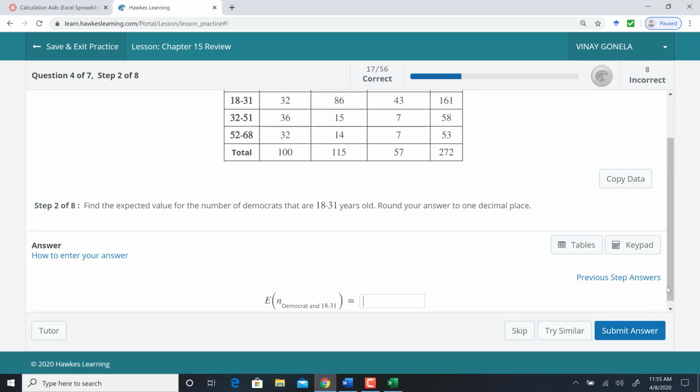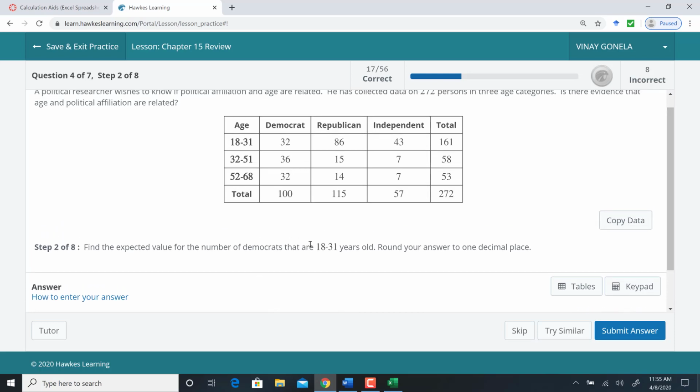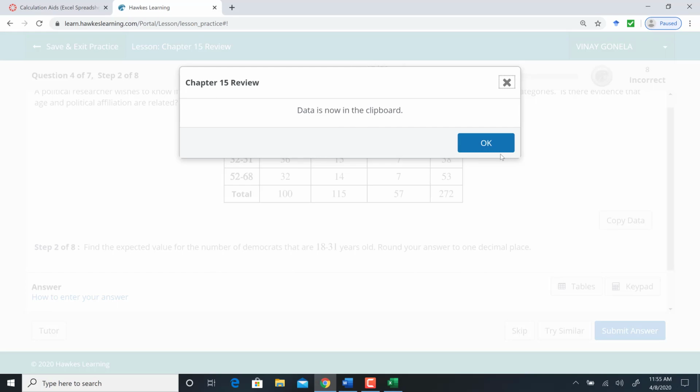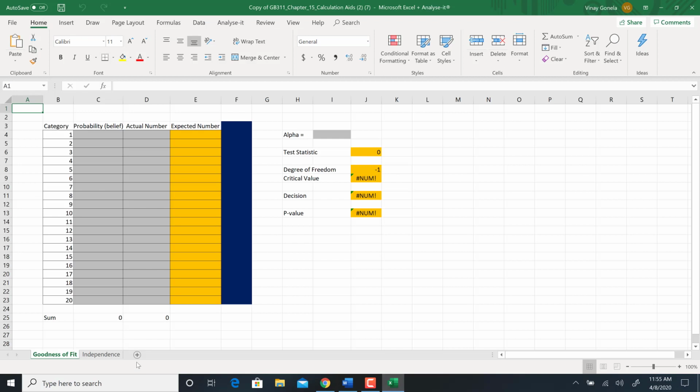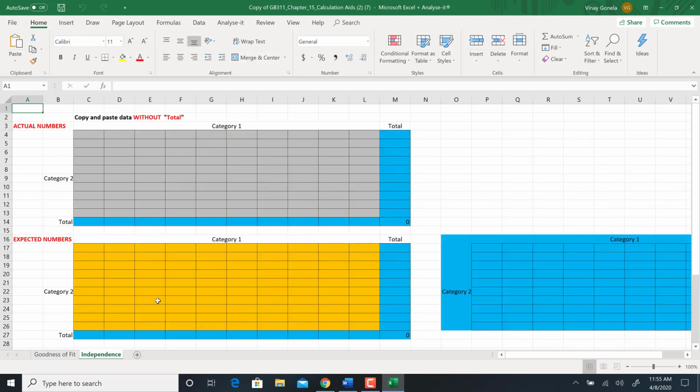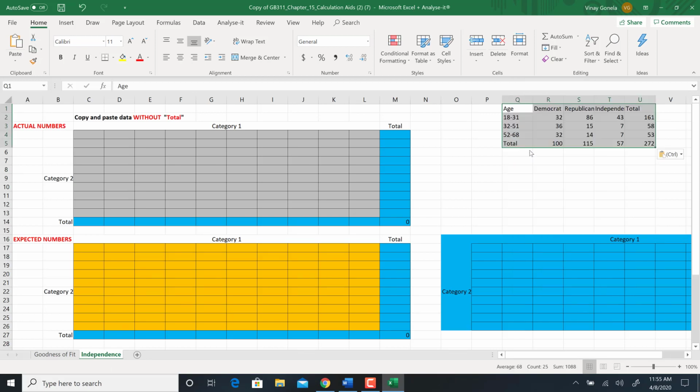And then they are asking you to calculate the expected value for the Democrats that are 18 to 31 years old. So I will copy this data again. This is again an independence problem, so I will paste it here. Again I'm going to remove the total row and total column, and enter only the values.